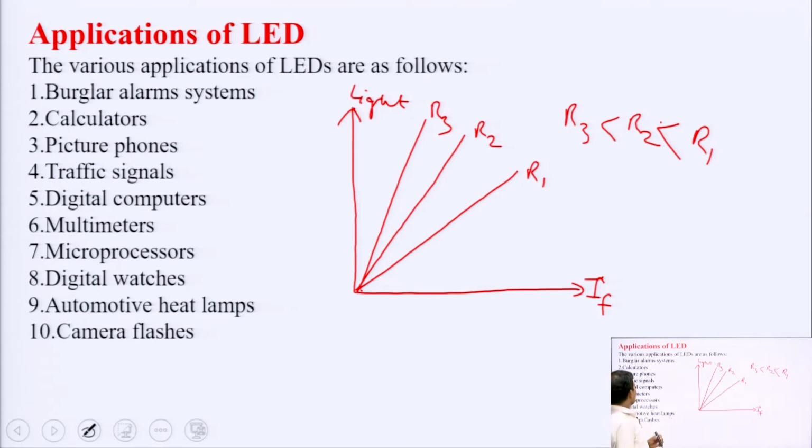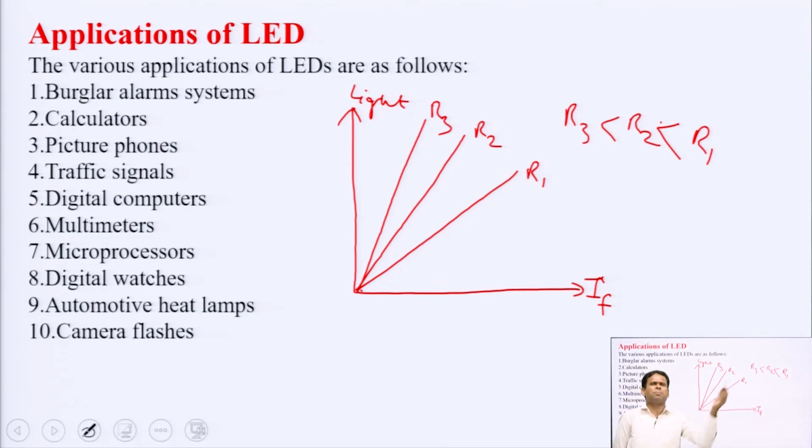Now, the applications of LED. There are various applications in alarm systems, calculators, picture phones, traffic signals, digital computers, multimeters, microprocessors, digital watches, automobiles, camera flashes, and others such as optical fiber communication, 7-segment displays, and traffic lights.